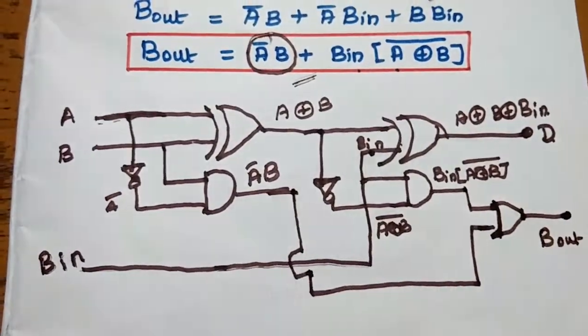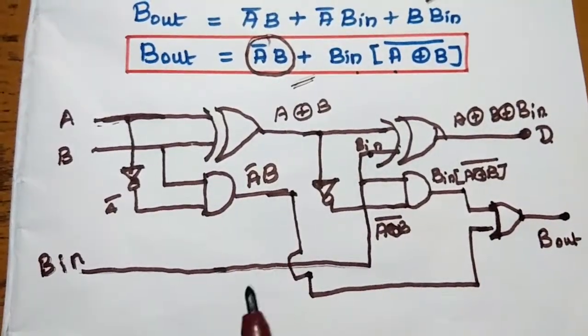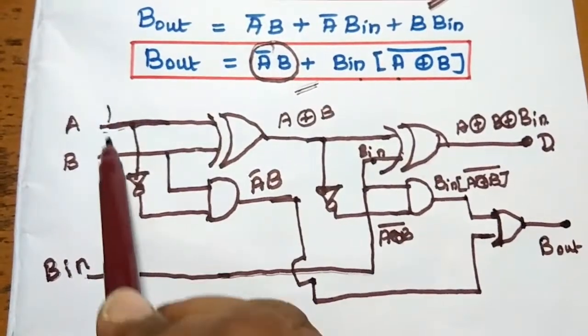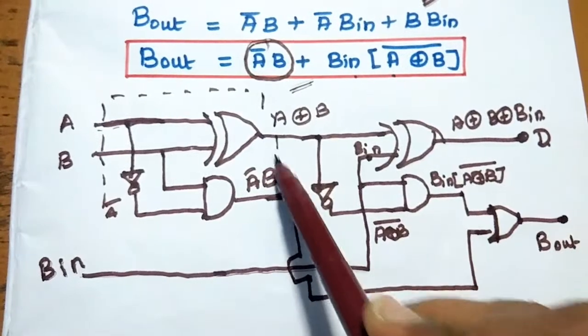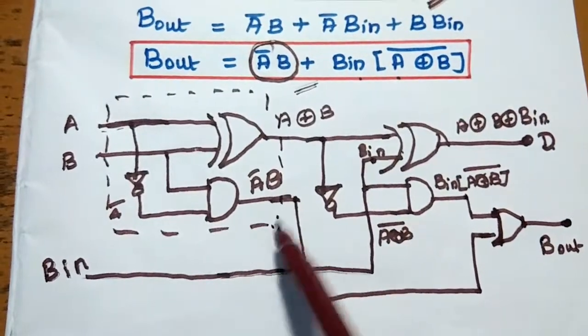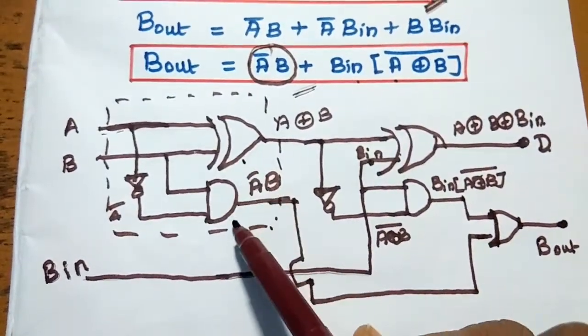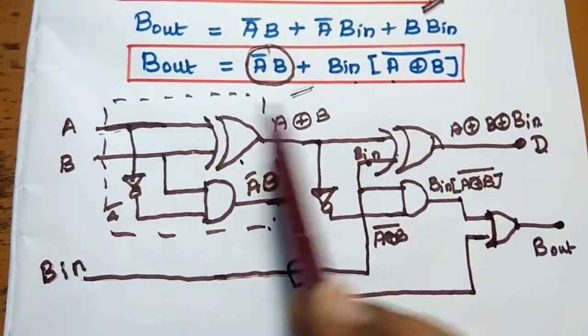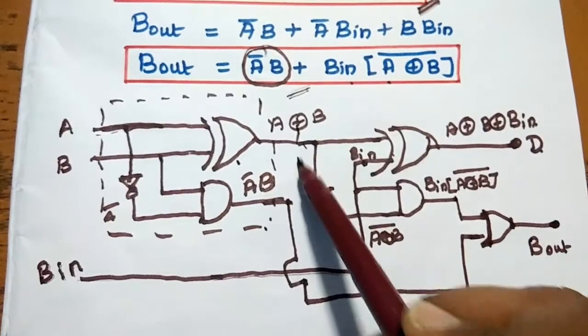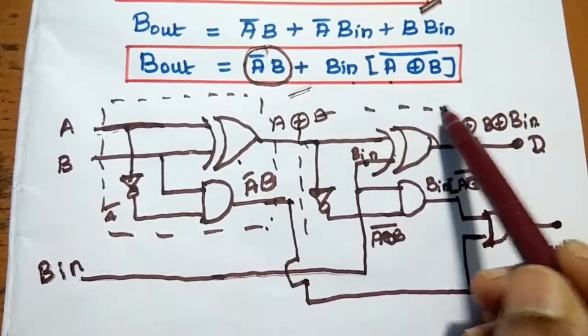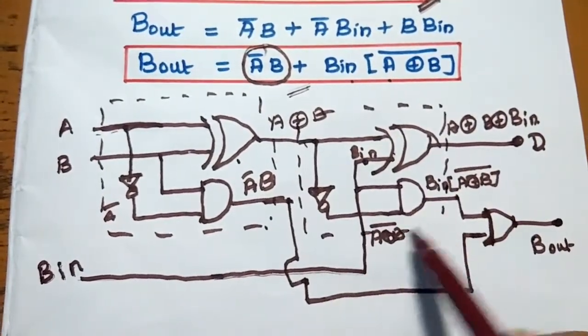Do you all understand this diagram? From this diagram we come to know that this part, half subtractor, is nothing but the combination of one XOR, one AND and one NOT. So this represents one half subtractor. Similarly, this portion represents the next half subtractor.